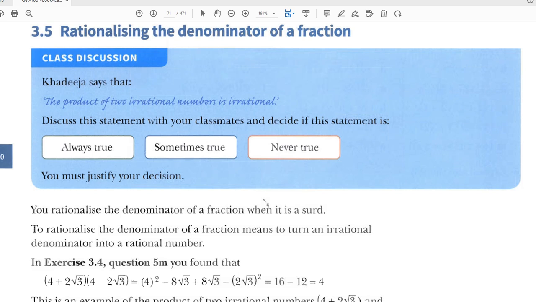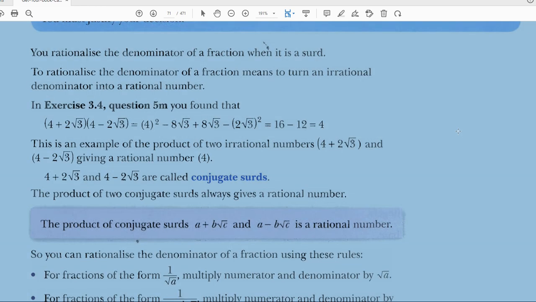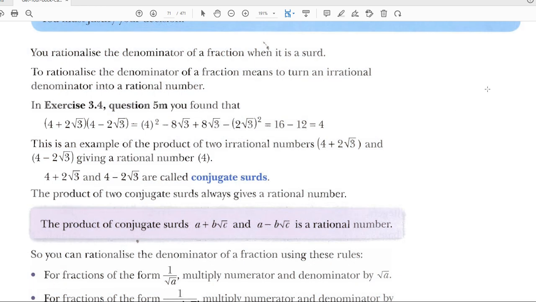Rationalizing a denominator of a fraction. So start to read from this. I am just reading the page of your book, Adam's book. You rationalize the denominator of a fraction when it is a surd. What is a surd?